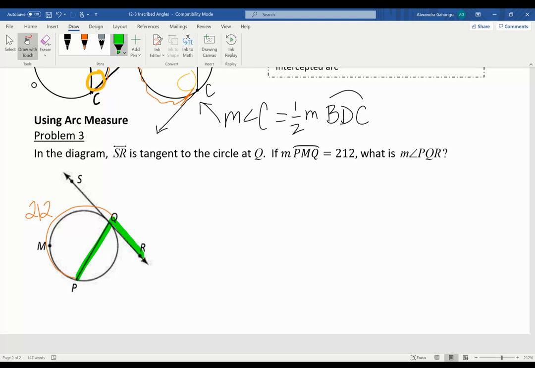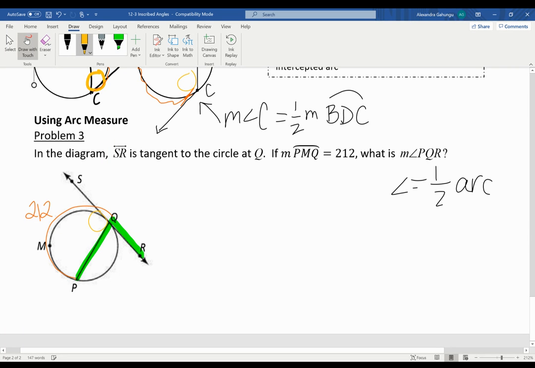So we're going to find some info following the lines that the angle, and we just have to keep this in mind, is always half the arc, even with tangents there. So if the angle is half the arc, we can first find the measure of this one, because this arc, PMQ, is related to this angle.